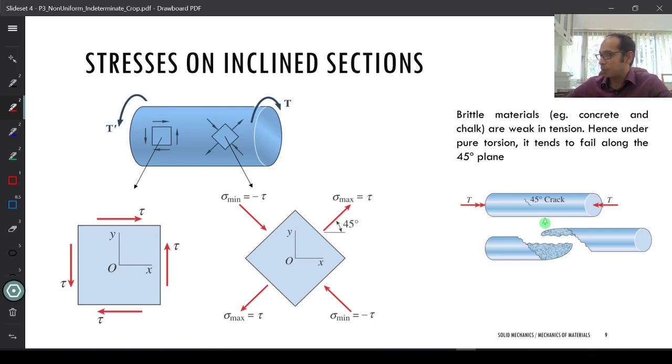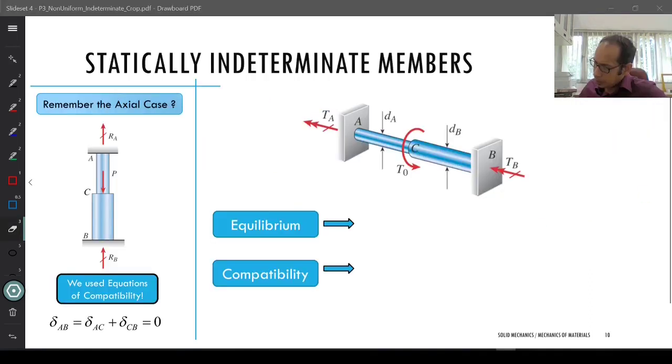Okay. So the last thing on this topic is that we have looked at the non-uniform but deterministic case. Then we have also looked at the stresses at the inclined sections. The last case, which is over here, is the statically indeterminate case.